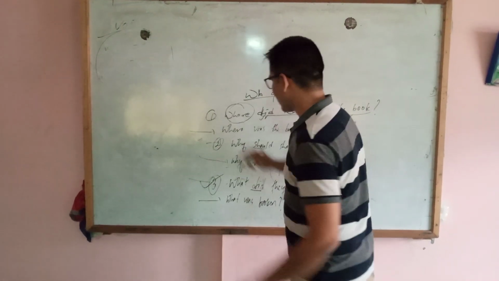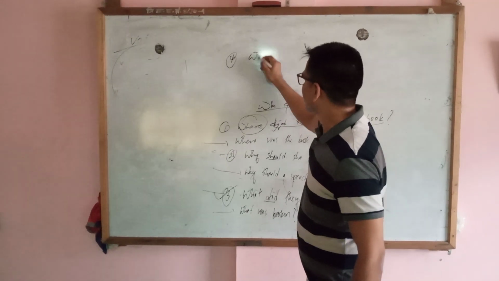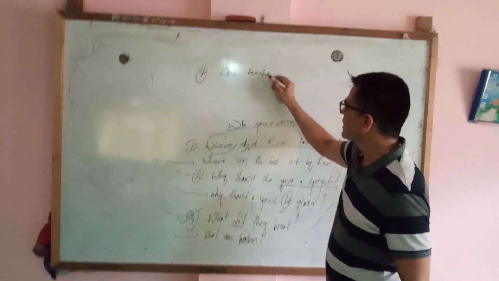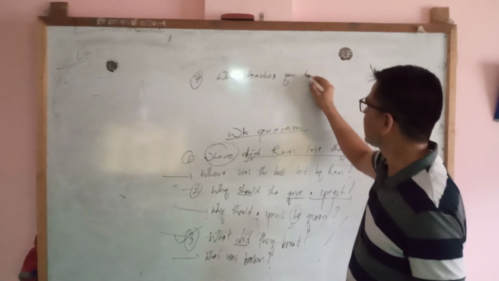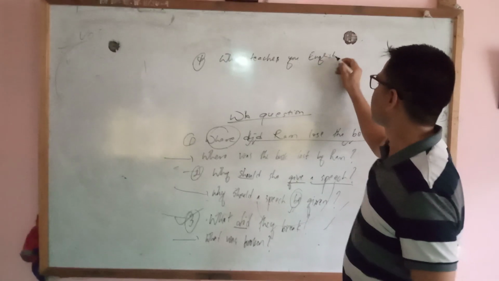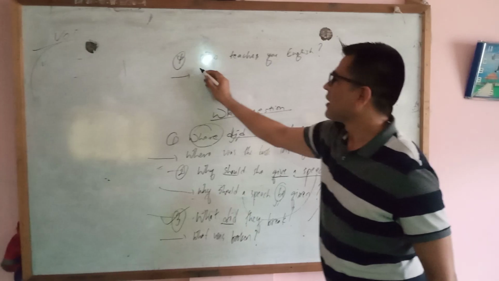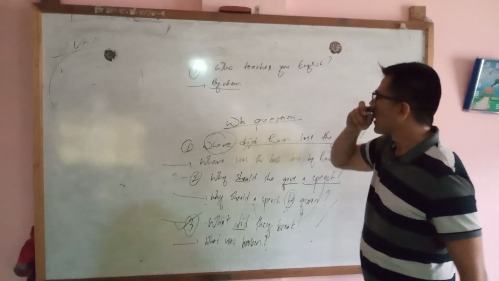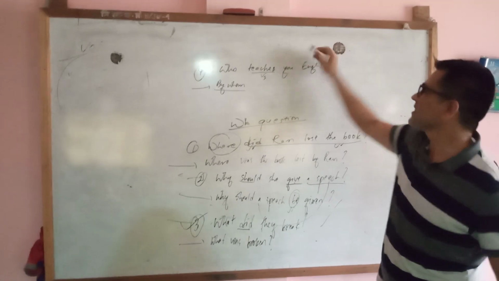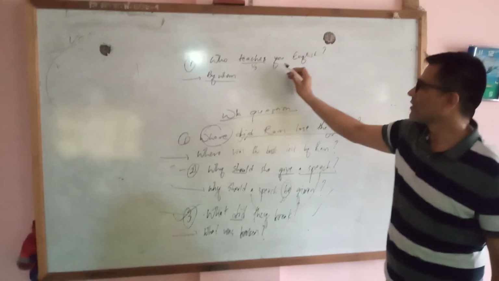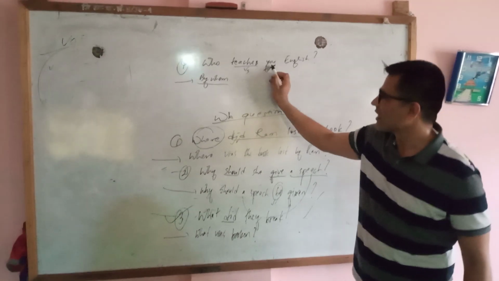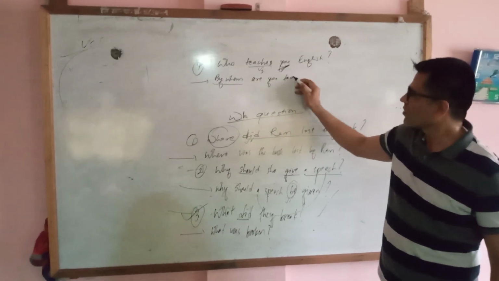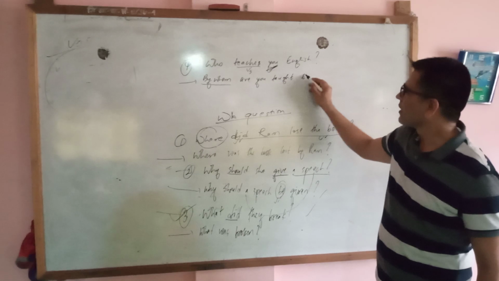Now the question of who. Who teaches you English? In case of who, I told you there must be by whom. By whom, and V5 is there. V5 is V3, right? So you have to take indirect object first. So you take are. By whom are you taught English?